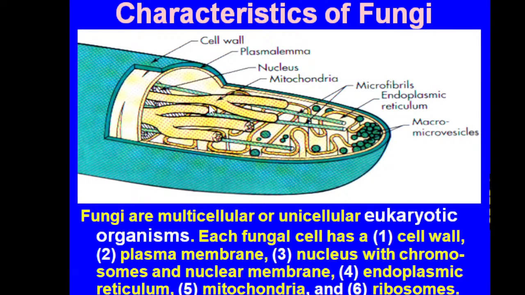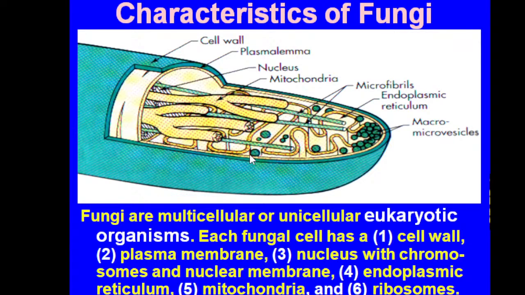I go ahead with the structure. So every fungal cell, or each fungal cell, has a cell wall. Can you see? This is a cell wall. Then beneath the cell wall we have a plasma membrane. Inside the cell, we have a cytoplasm with a nucleus where we have chromosomes and with a nuclear membrane, typical for eukaryotic cells.